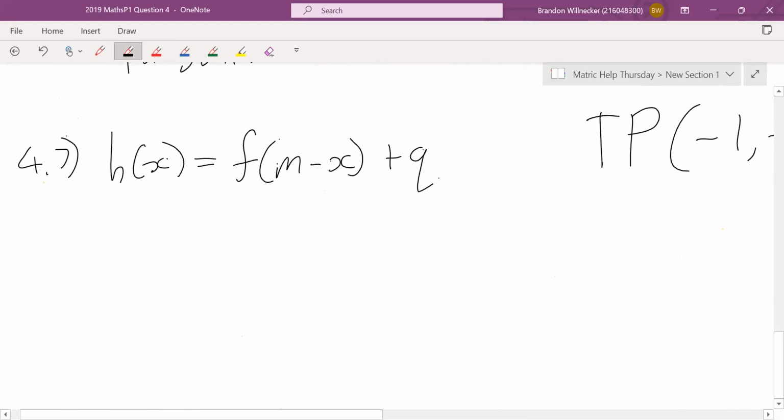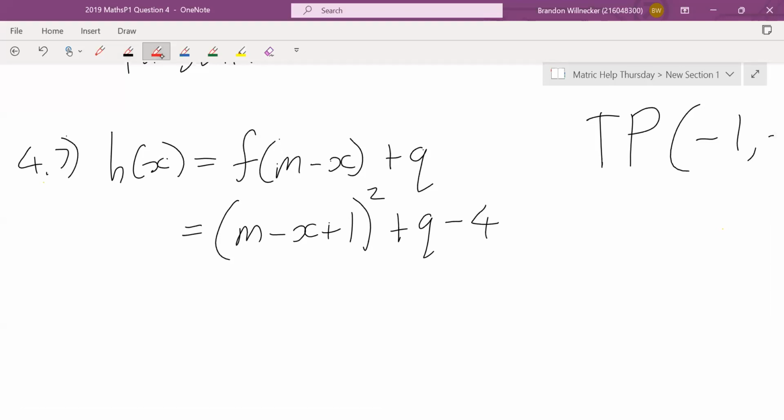So what was f? We worked that out before. So what we need to do is take m minus x and substitute it into f. I'm going to use that turning point form that we derived. So it's going to be m minus x plus 1, all of that squared, plus q, but remember we also had that minus 4 from the turning point.